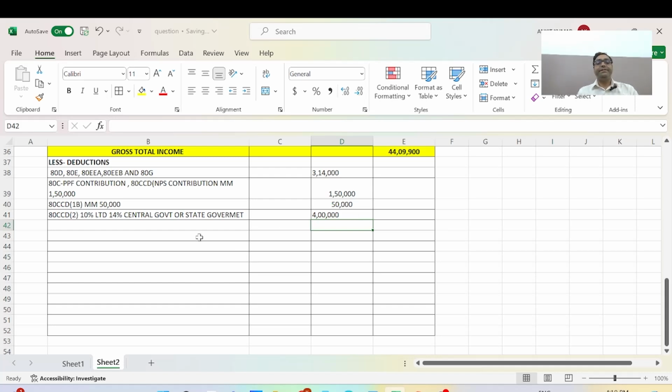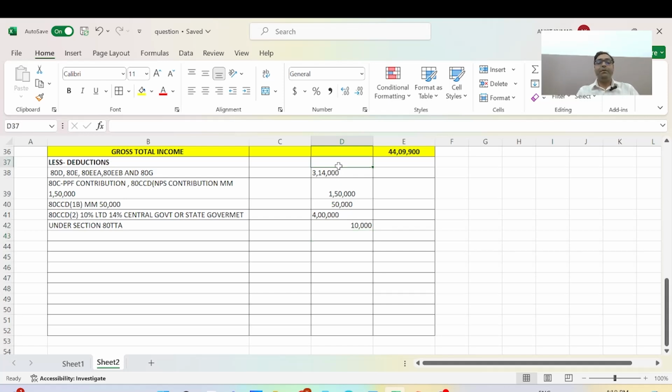Under section 80TTA, the TDS is 10,000 rupees.